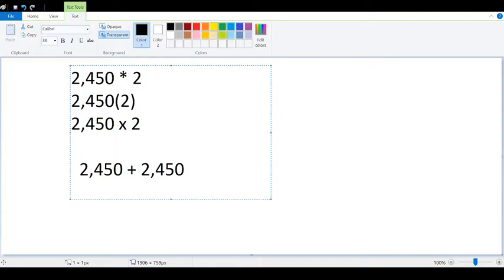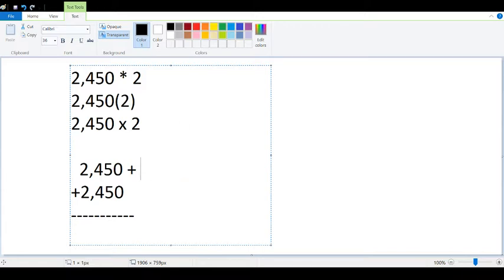And my plus isn't showing up for whatever reason. Yep, there it is. Plus 2450. And there's my little line for equals. I'm going to upgrade to a pen here one day. 2450 plus 2450. Go ahead and delete this out of the way as to not be confusing.